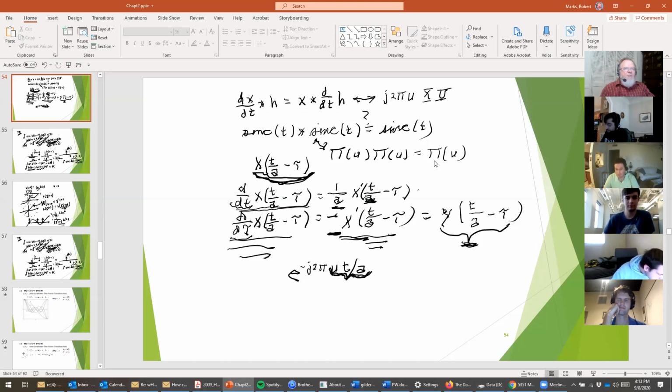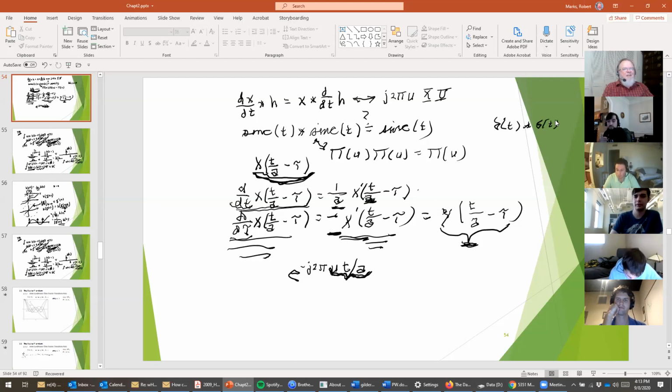What other function convolved with itself gives you the same exact function back? So the delta function would, wouldn't it?